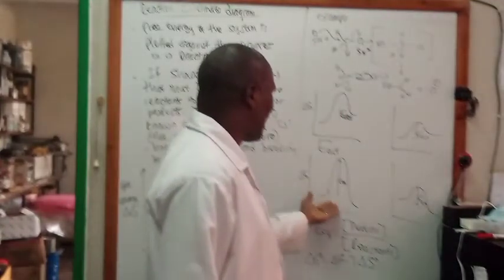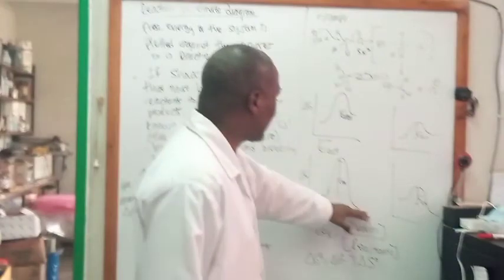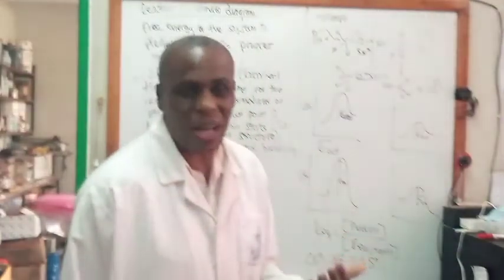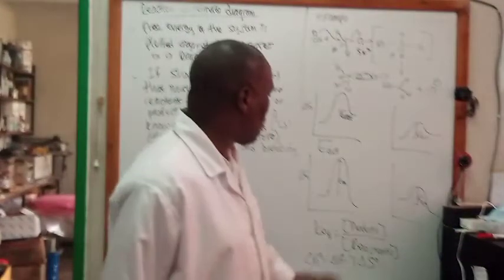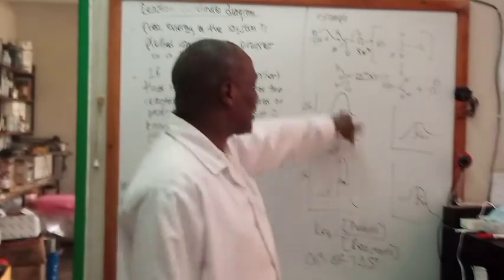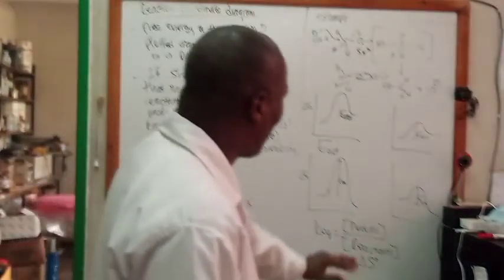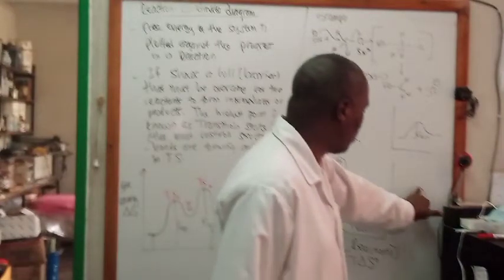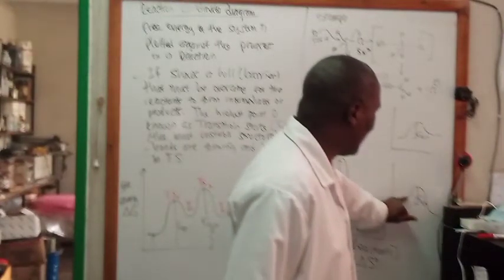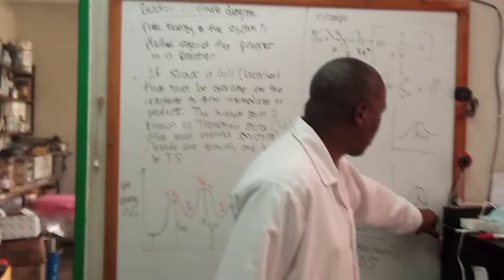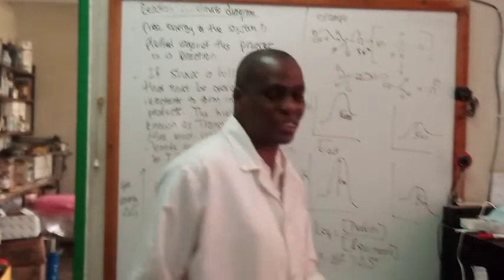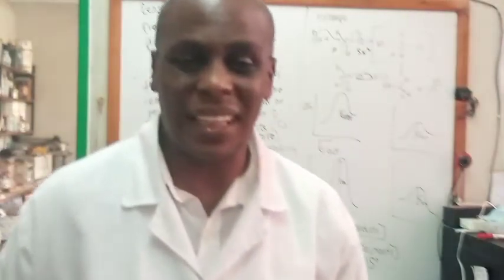This is an exergonic reaction. It means that the products are at a lower position than the starting material, but there is a big barrier. So this is a slow exergonic reaction. This is a fast exergonic reaction. There's a small barrier, and the delta G of the products is lower than the one for the starting material. So it's an exergonic reaction.